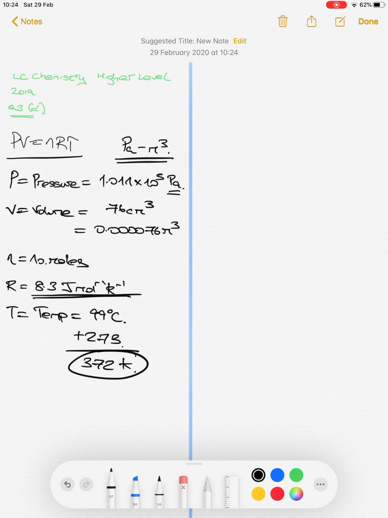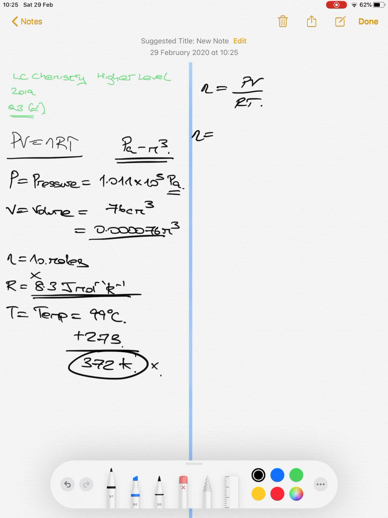So here are my values going into the actual equation: 372, 8.3, 0.000076, and 1.011 by 10 to the 5 pascals. So I'm looking for the number of moles, so I'm just going to rearrange the equation: n is equal to PV over RT.